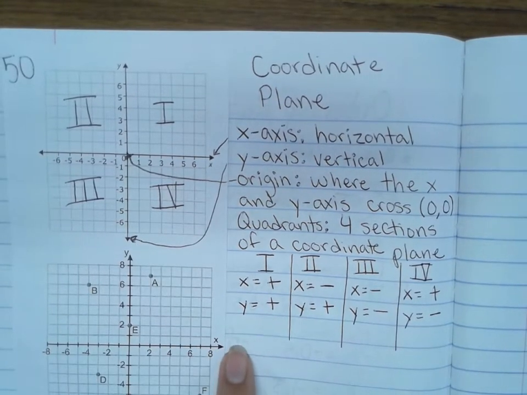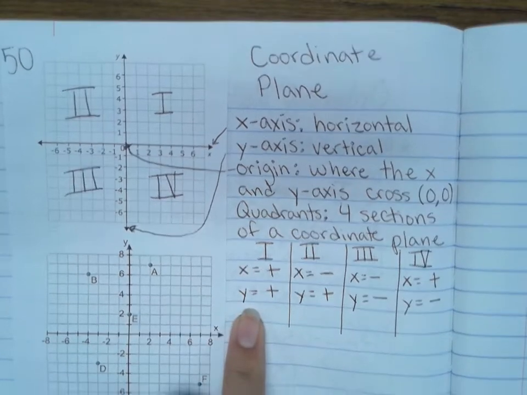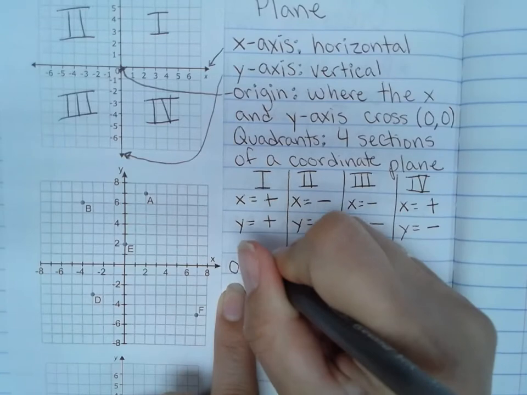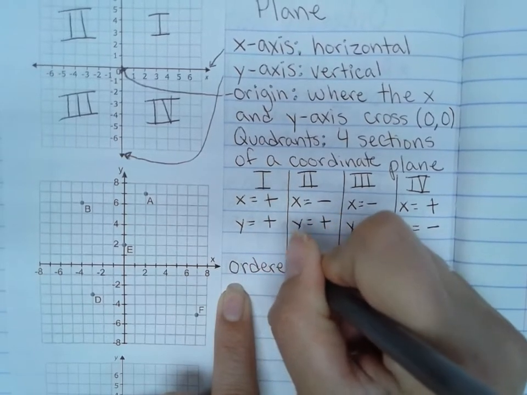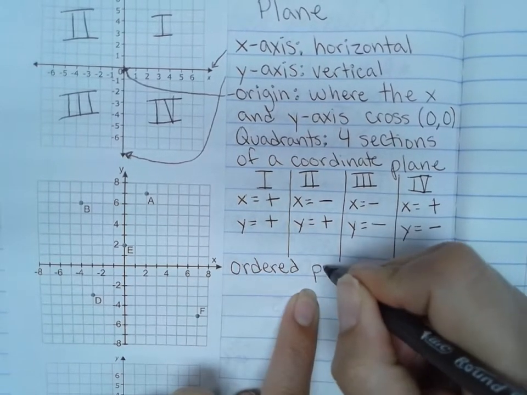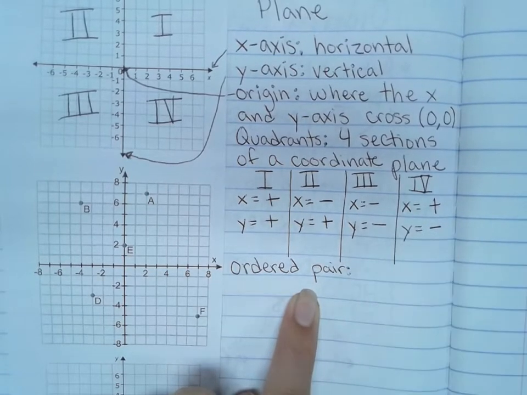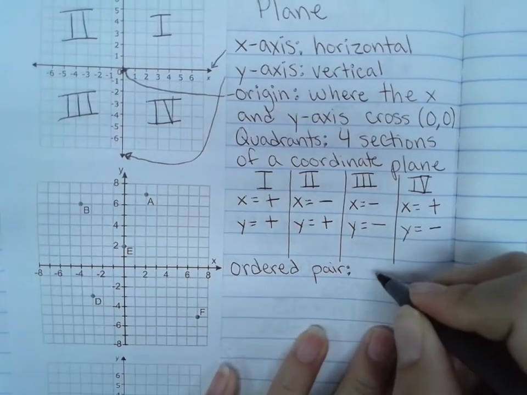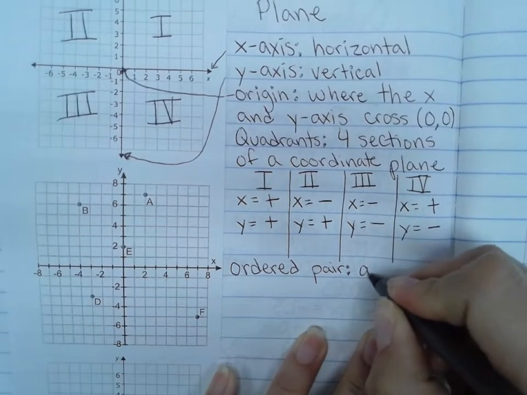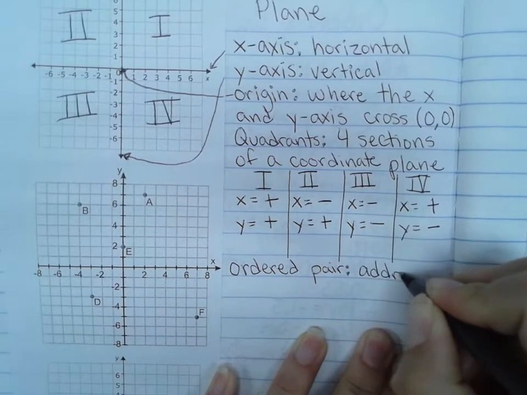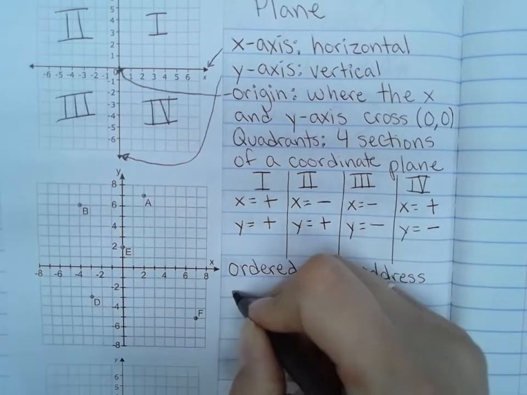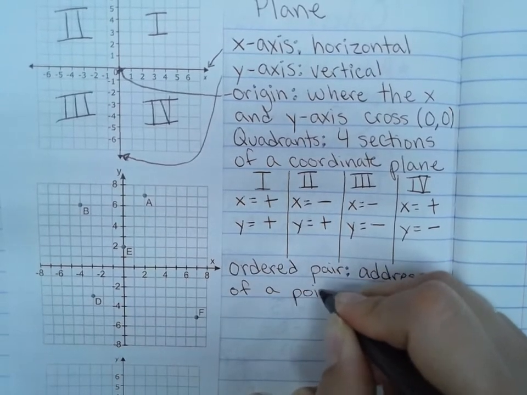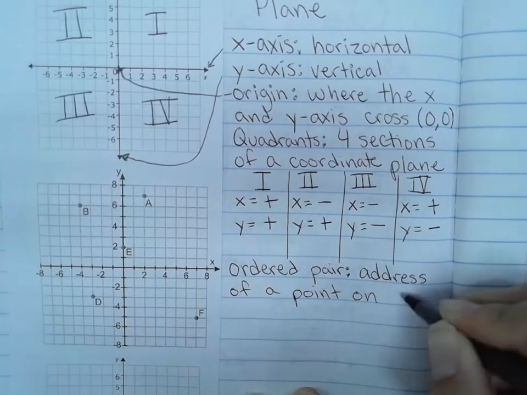So next thing, notice they still have a line here. We're going to come back and fill this in. But next right here, I want you to write ordered pair. Okay, an ordered pair is basically the address of a point on the coordinate plane.